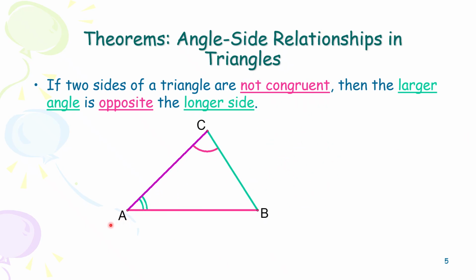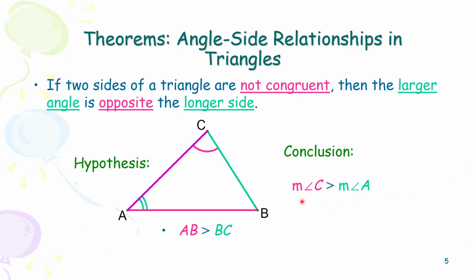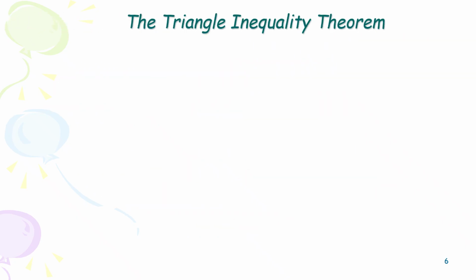So we have this triangle ABC, and this side is the hypotenuse, where AB is greater than BC. Now, our conclusion: the measure of angle C is greater than the measure of angle A.